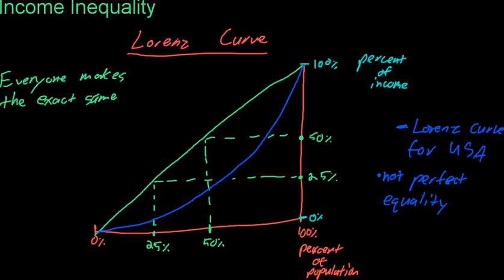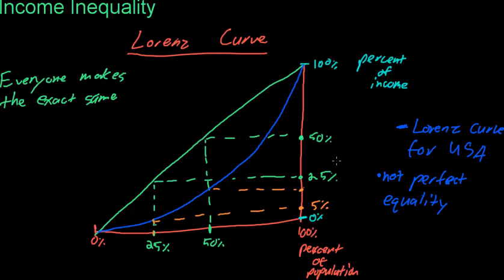So if we go up at 25% of the population right here, we go to here, then we have to go over, and we see that 25% of the population controls less than 25% of the income. So let's say that this is just 5% of the income, and I'm just kind of pulling this out of nowhere. So then we go to 50%, and let's say that 50% of the nation now controls 20% of the income.